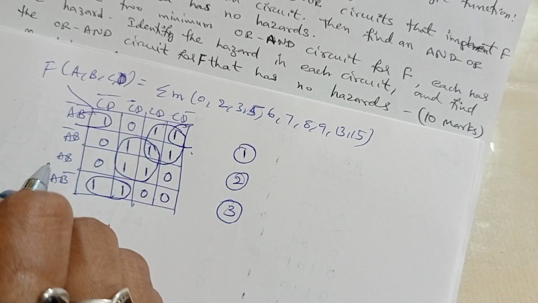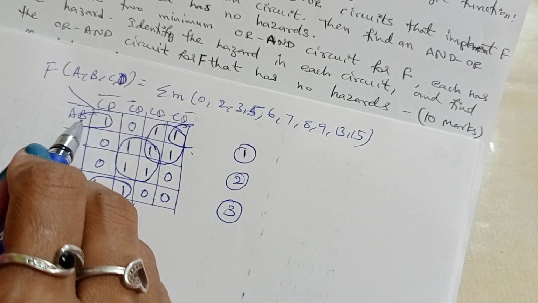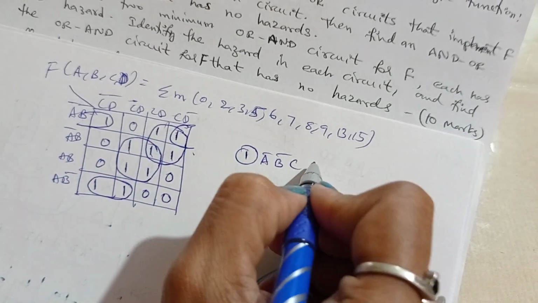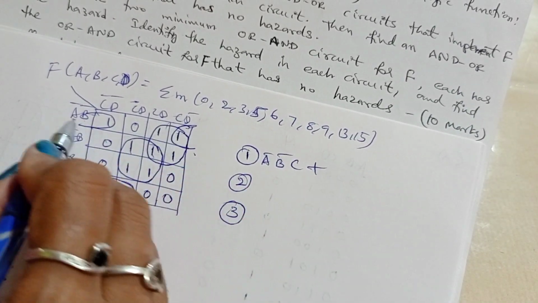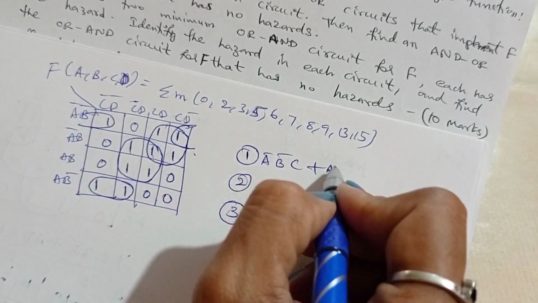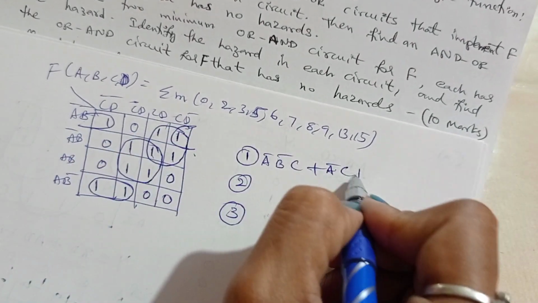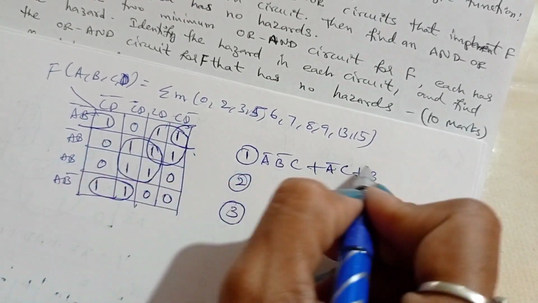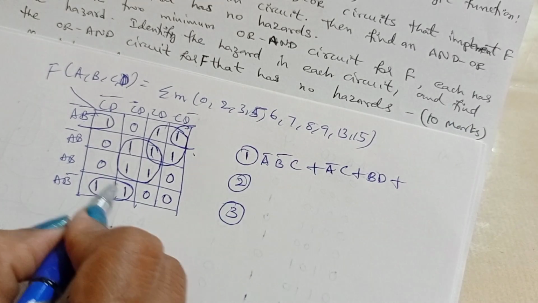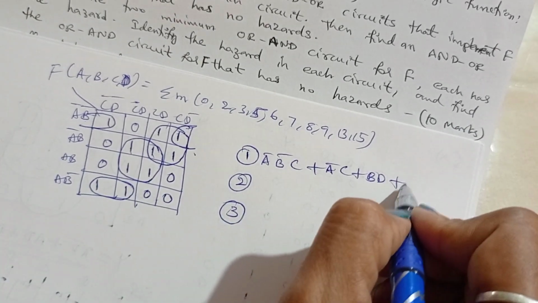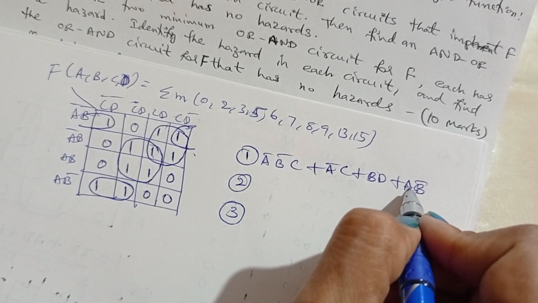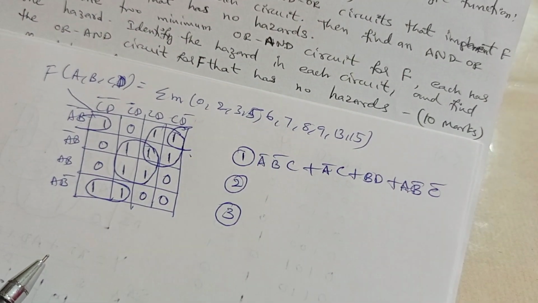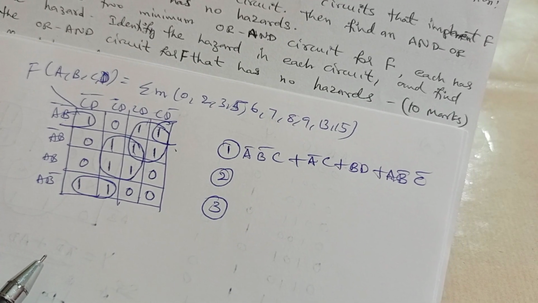From this A bar, B bar, and here C is constant, plus from this quad A bar is constant and here C is constant, plus B is constant and D, plus this is A B bar and from this C bar is constant. This is one minimum and or circuit.